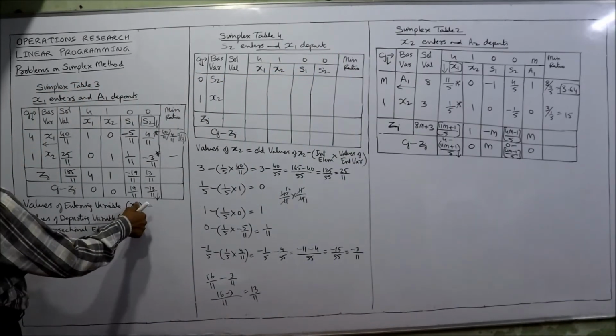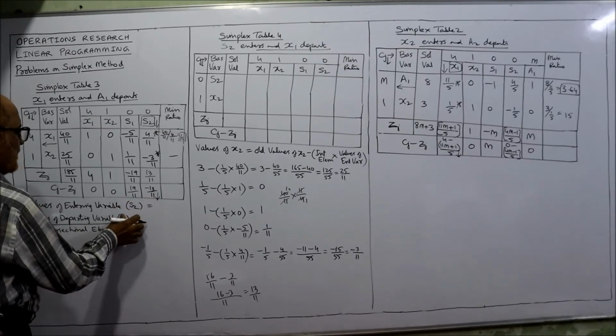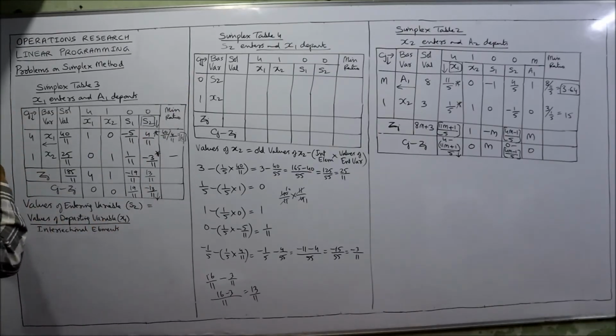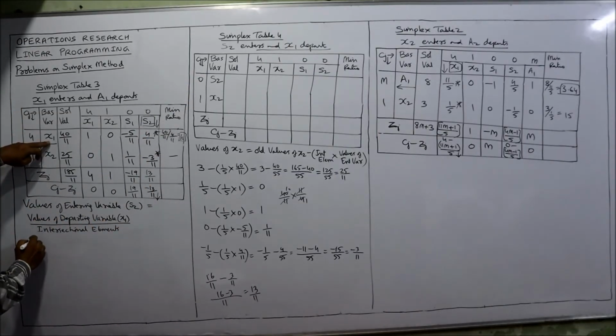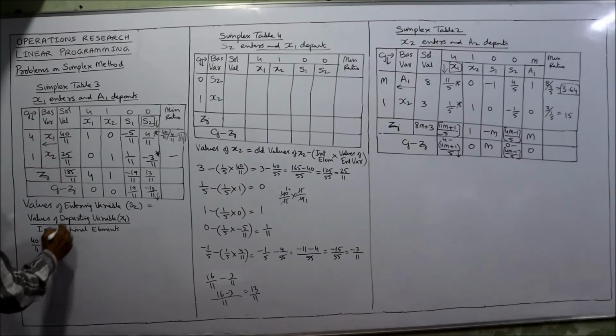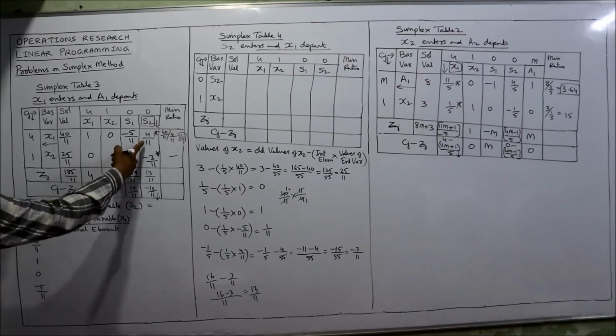So the entering variable is S2. The departing variable is X1, right? So for the departing variable X1, the values are 40 by 11, 1, 0, minus 5 by 11, and lastly 4 by 11.